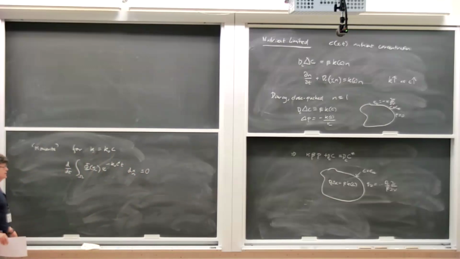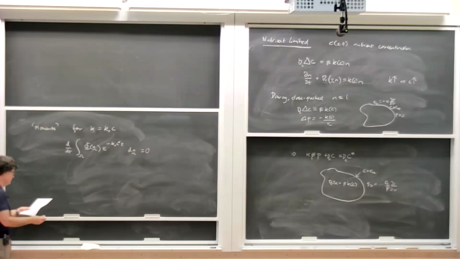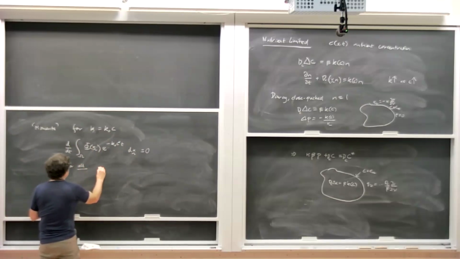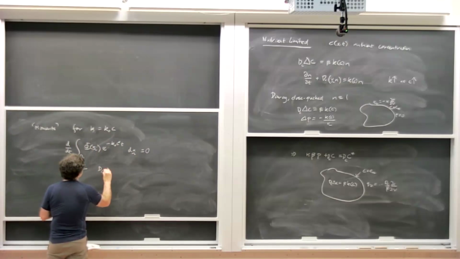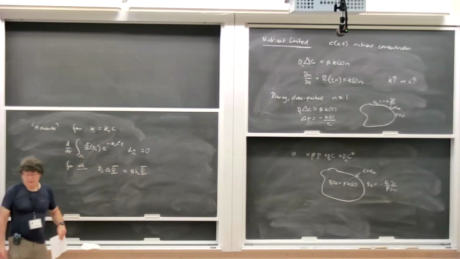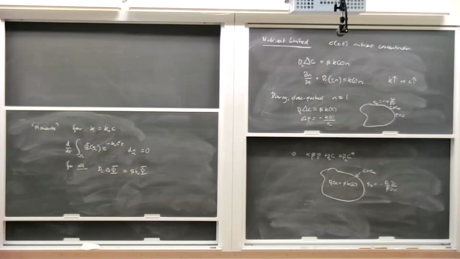Any phi satisfying the modified Helmholtz equation, so for all phi, same equation as for C, D times the Laplacian of phi is beta k naught phi. Whether this has any connection with integrable systems, I don't actually know, but there are an infinite number of conservation laws.